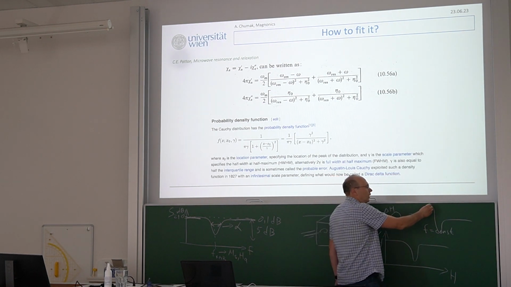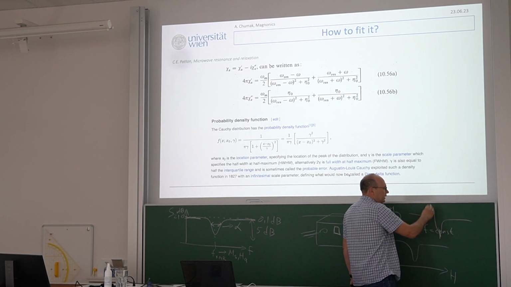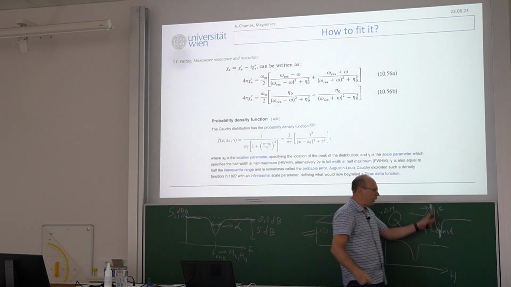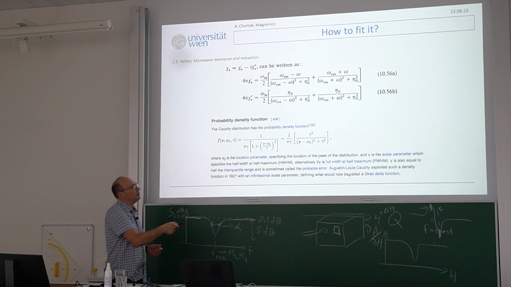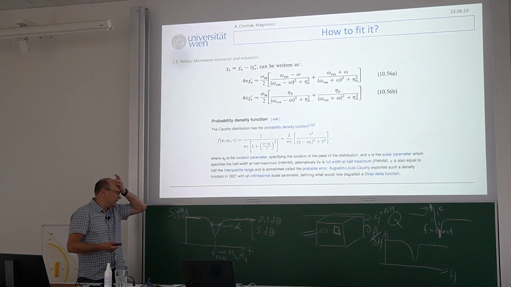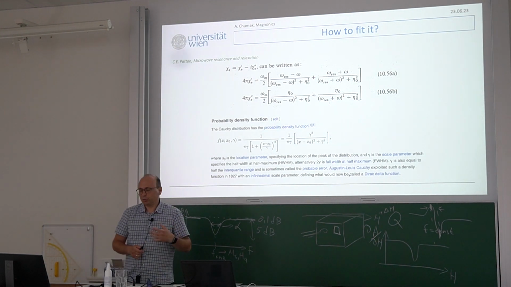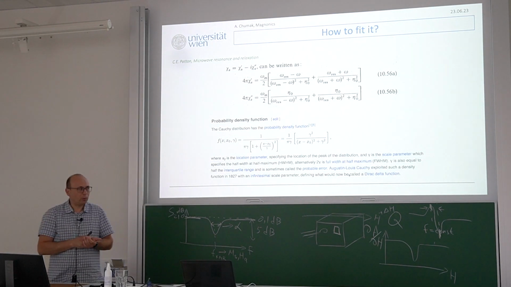Also pay attention that in experiment people usually just take the distance between these two peaks. But this distance is not the full width half maximum. It's not this gamma. So there will be some factor, square root of 2 or something, some additional factor which you need to take into account to recalculate your width properly.